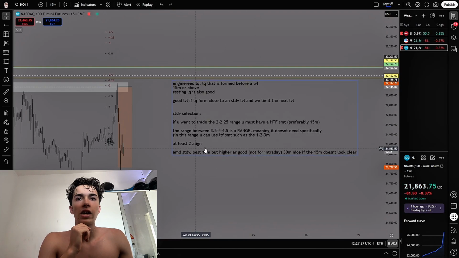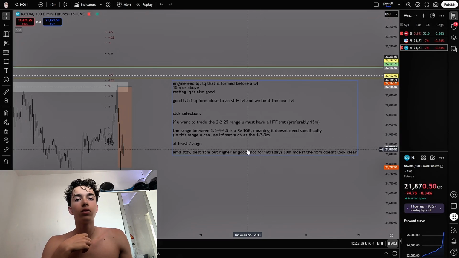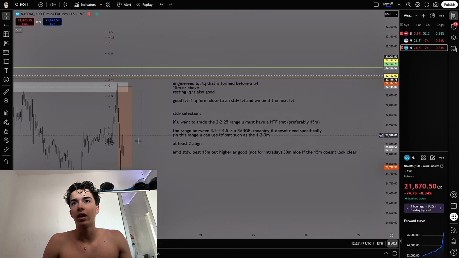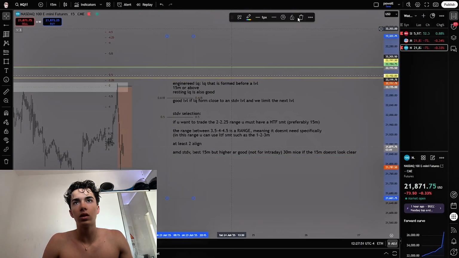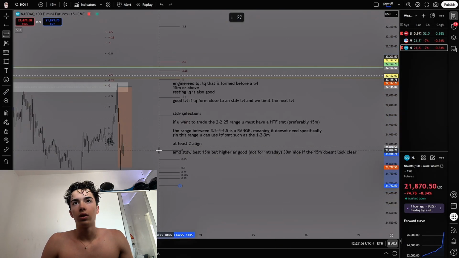When considering the range between -3.5 and -4 to the -4.5, you need to know that that's a range, meaning it doesn't need to specifically touch the level. Let me use the price to do an example.